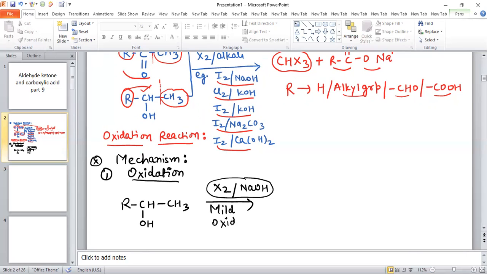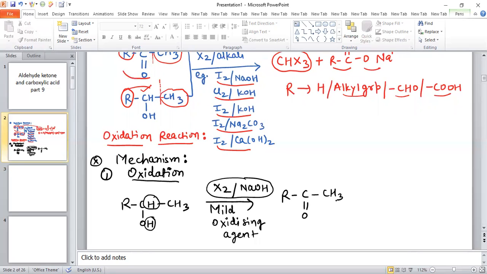Because it is a mild oxidizing agent, removal of hydrogen occurs, so it will convert into R, C double bond O and CH3.